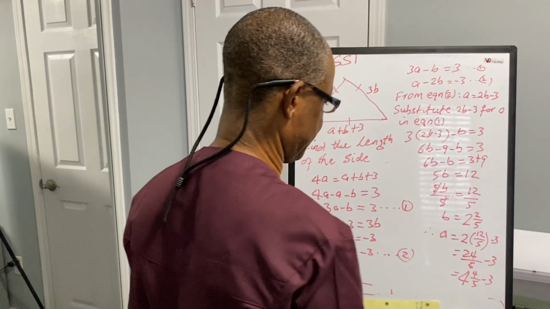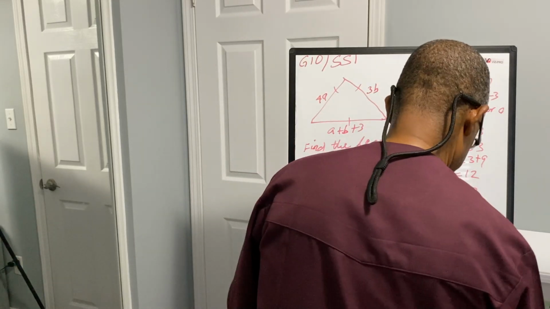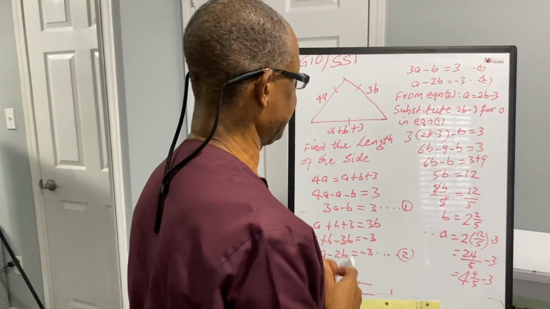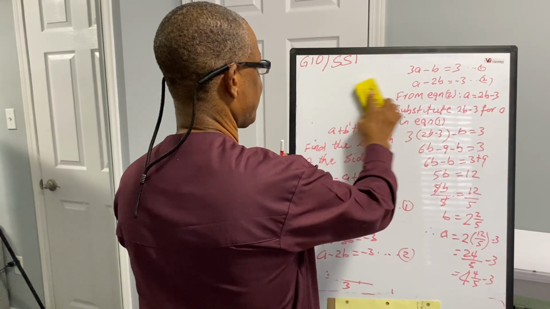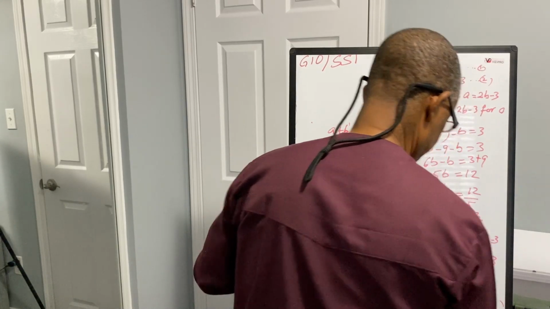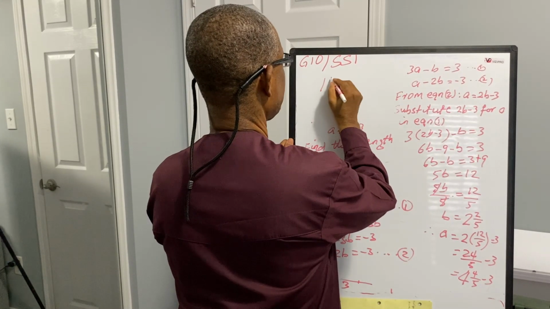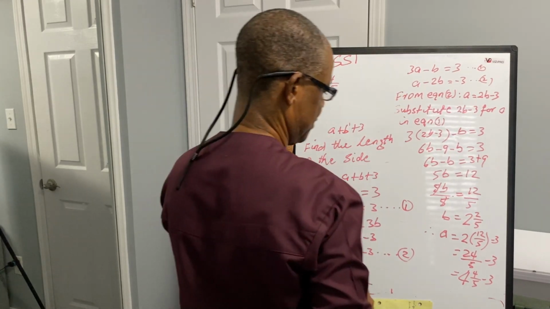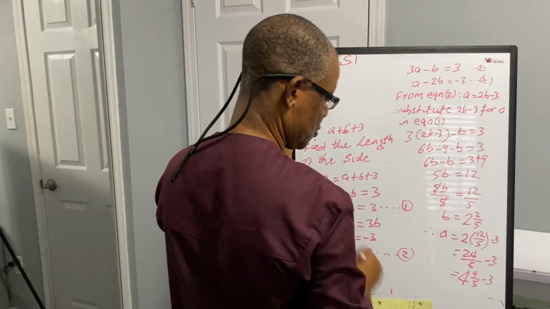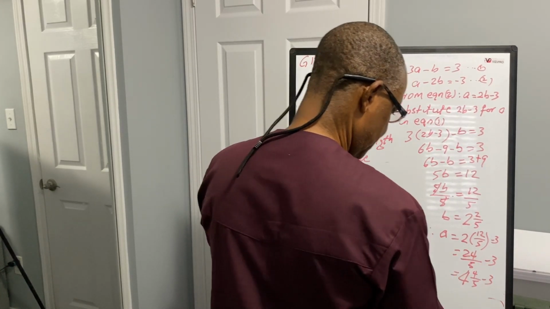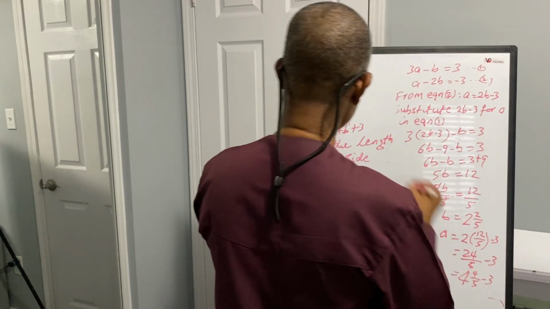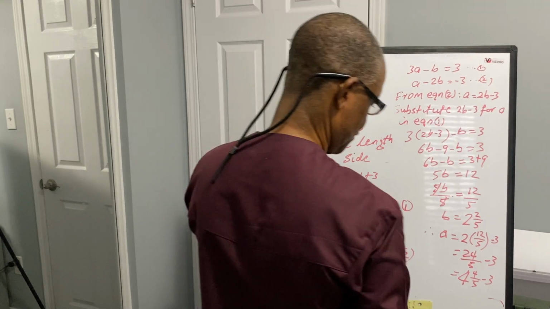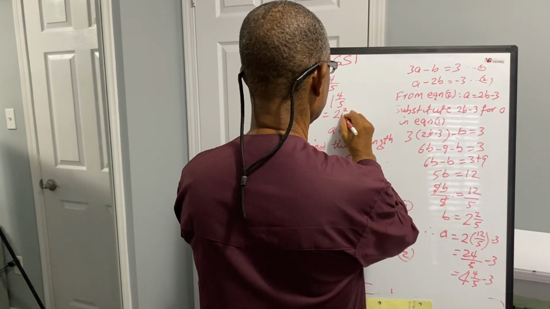I hope you are still seeing what I'm writing. Or do we go up to conclude it? And that 4 whole number 4 over 5 minus 3 will give us 1 whole number 4 over 5. So a is equal to 1 whole number 4 over 5, and b is equal to 2 whole number 2 over 5.